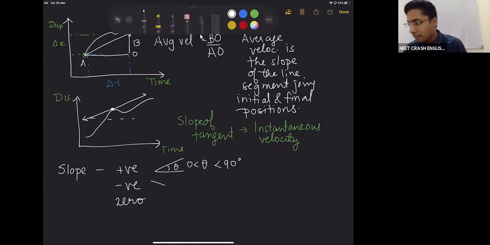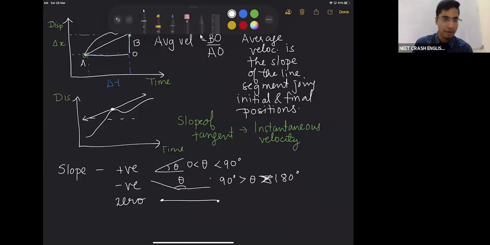Slope is negative if the line is on the other side, where theta is between 90 and 180 degrees. Slope is zero if it's flat, like this. If it's like this, delta x upon delta t is zero. So whenever the tangent is flat, that means the velocity is zero.